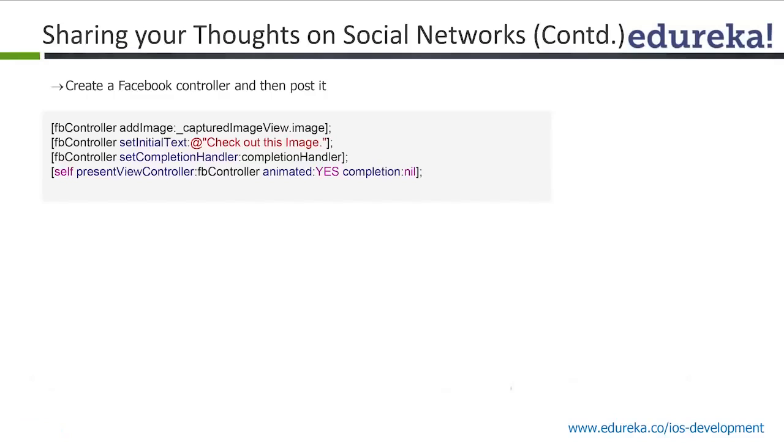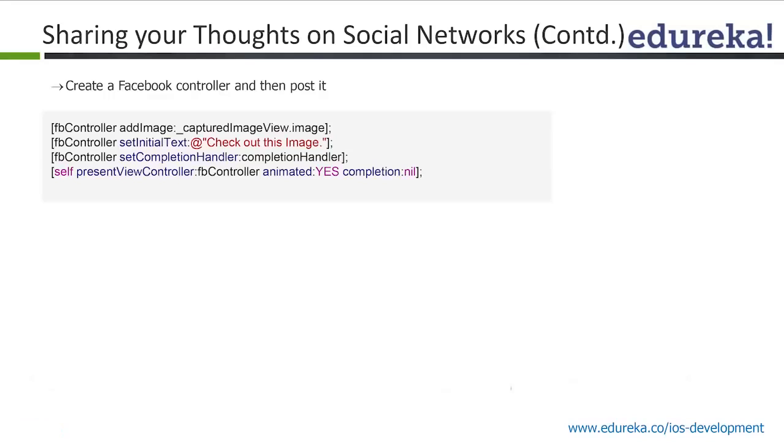And we are hard coding the initial text. Whatever text you wanted to type, post it along with your image. We are hard coding it, but if you want, you can create an alert view and ask the user to type something about this post, and you can get the input from the user and have it as the initial text.